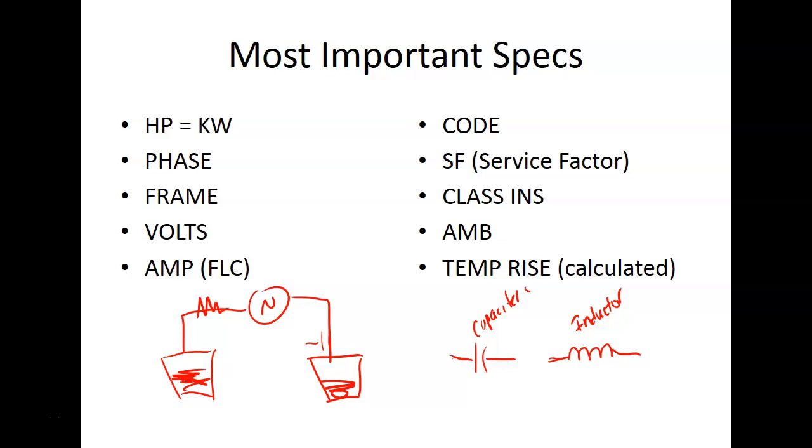So if I have an inductive circuit, which is what the power grid is, because every coil of wire is an inductor. How many different devices out there do we have? Every transformer, every motor. So inductors create what we call a lagging power factor, which means the current lags the voltage.